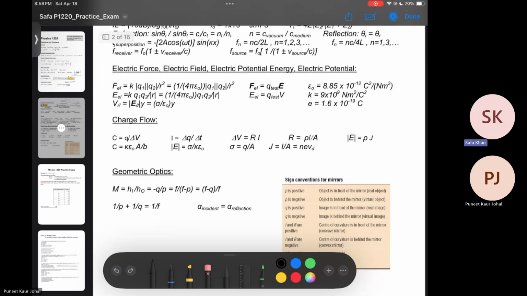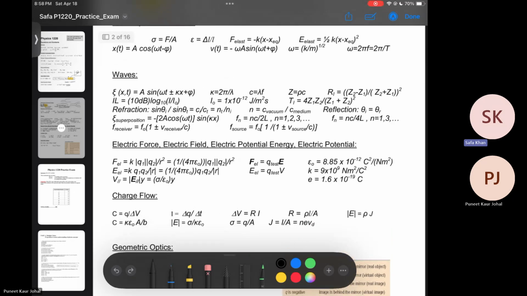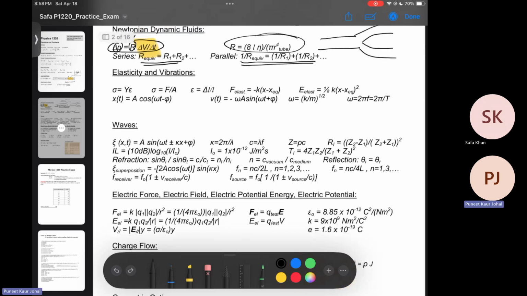I don't know, it's supposed to be there, but I don't see it. Oh, here, this one. Okay, so it's in the elasticity and vibrations part.